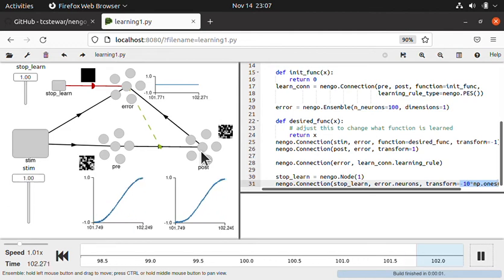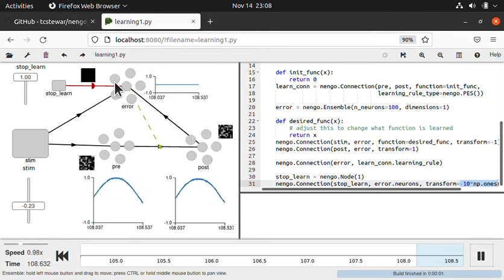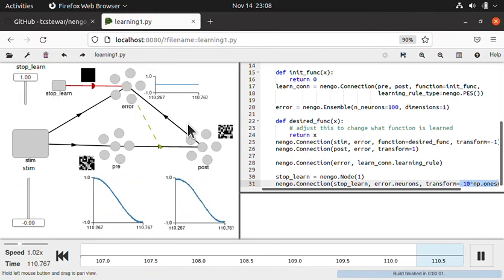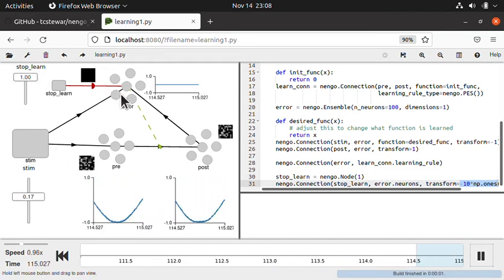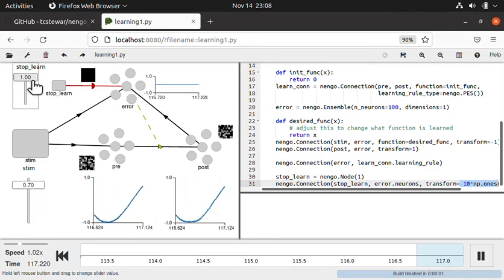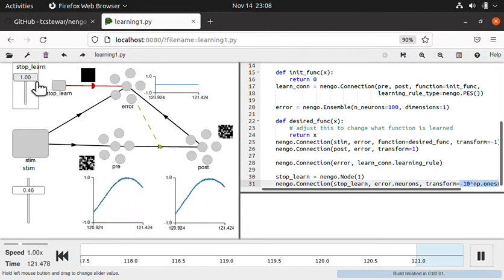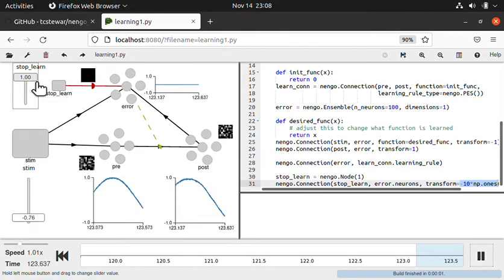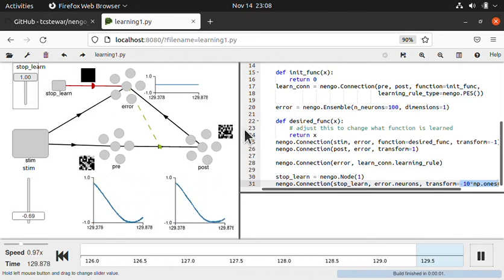So in any of the situations where we've solved for decoders in this course, we could set up something like this that trains it very, very slowly and varies the input over the space that we want it to. We would end up with the same connection weights. I just find it much more convenient to solve for those connection weights rather than doing this. But it's also very good to show that we can learn these things online.